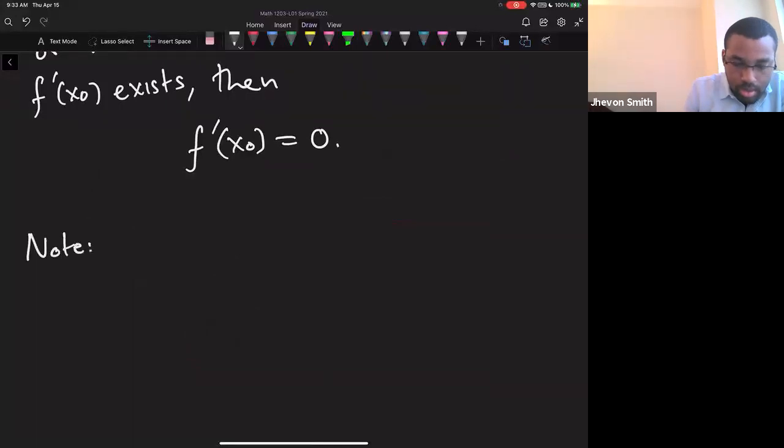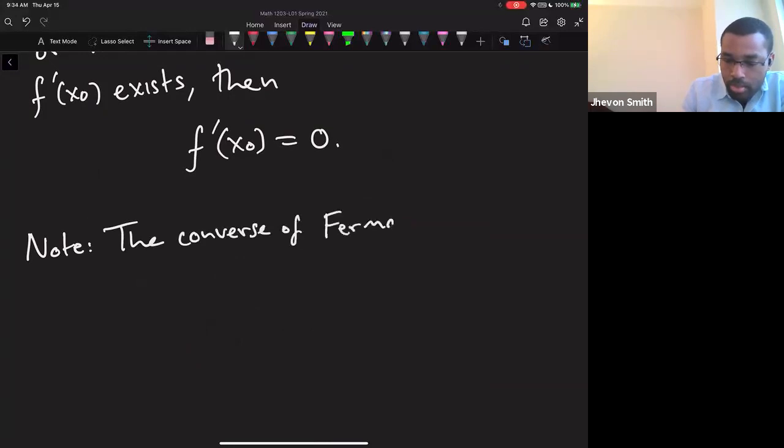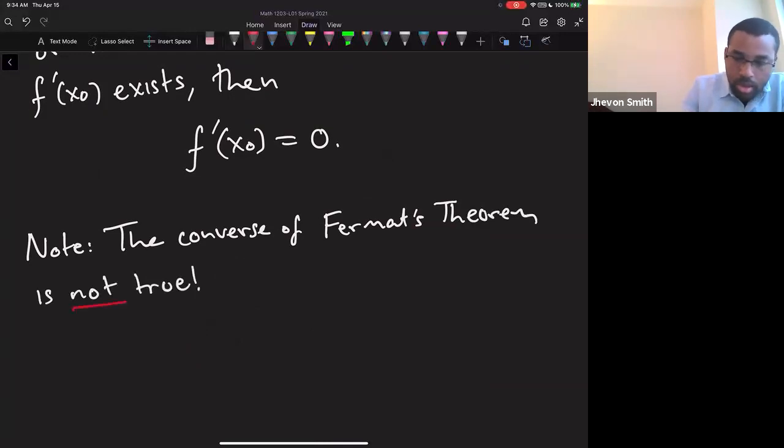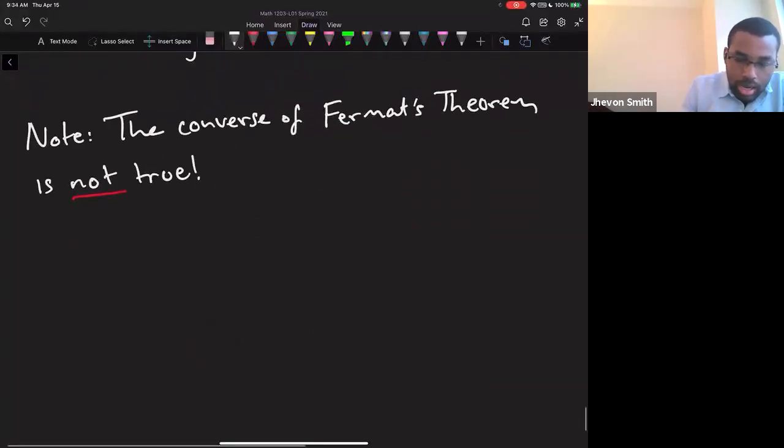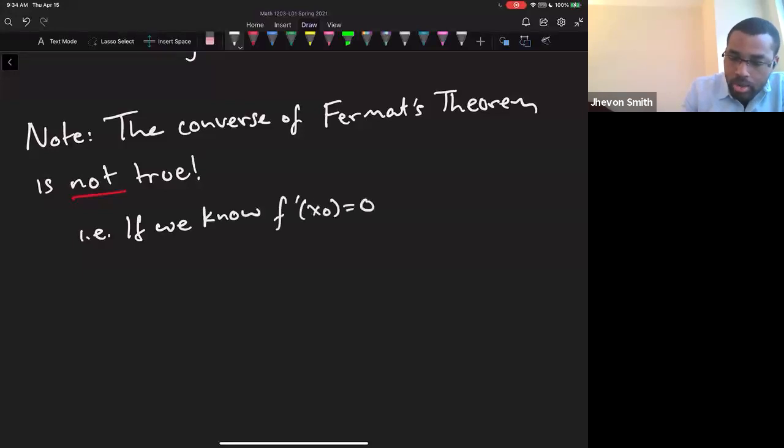Note, the converse of Fermat's theorem is not true. I.e., if we know f prime at that point is 0, it does not mean it's a local max or min.